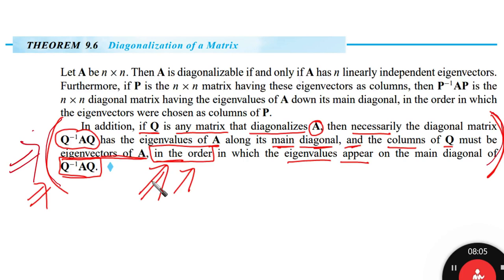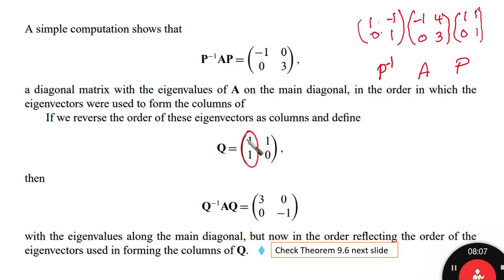So if we go back, this is the order here: first eigenvector with the first eigenvalue, second eigenvector with the second eigenvalue. Okay, so now this is the first example.